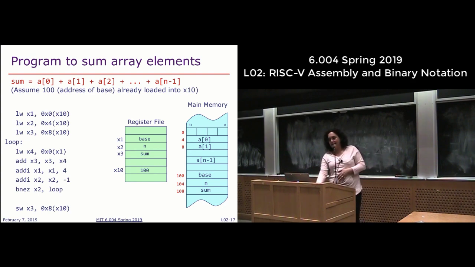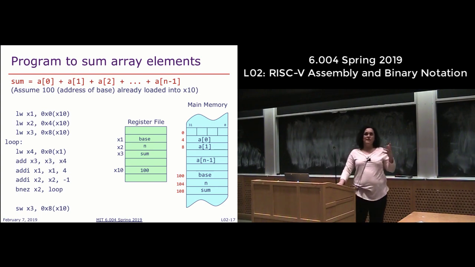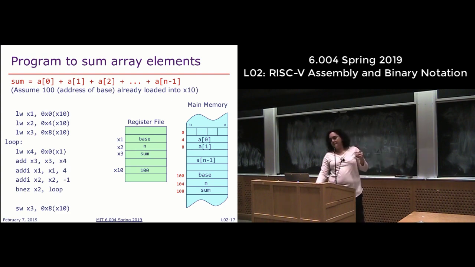And the way that I access them, you'll notice, is I still use x10 as the base register because x10 is kind of representing where my variables start in memory. And then I'm saying, okay, my second variable I can find at x10 plus 4, and the one after that is at x10 plus 8. Okay? So this gives you an idea of how you're going to bring variables from memory into the register file.